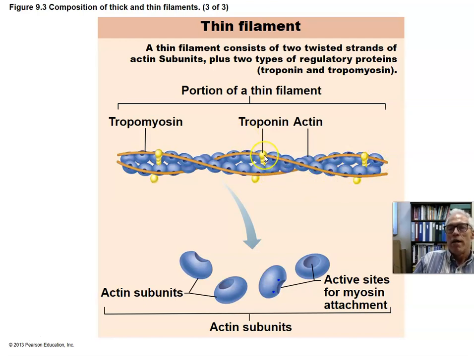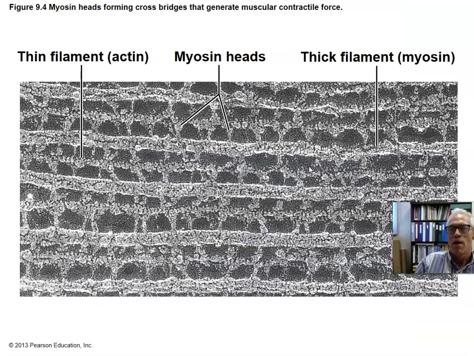We also see another regulatory protein here called troponin, and troponin is like a handle attached to the tropomyosin, and we can move it. If the handle, the troponin, changes conformation, then it'll move the tropomyosin out of the way, and those binding sites for actin will become revealed, and we'll have something dramatic and exciting happening. So let's wait for that.